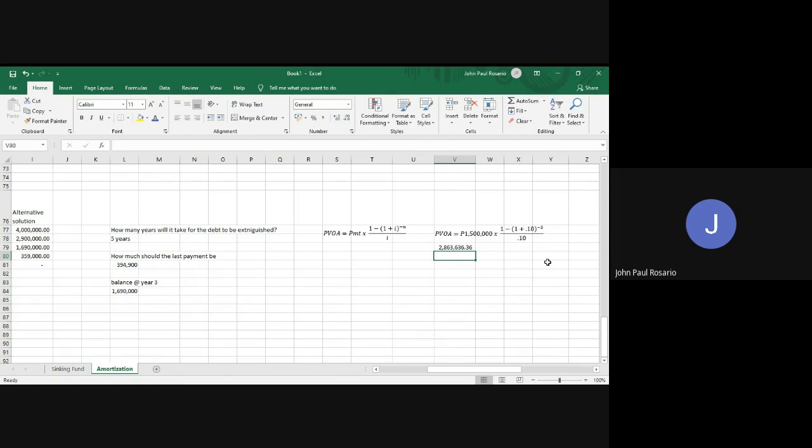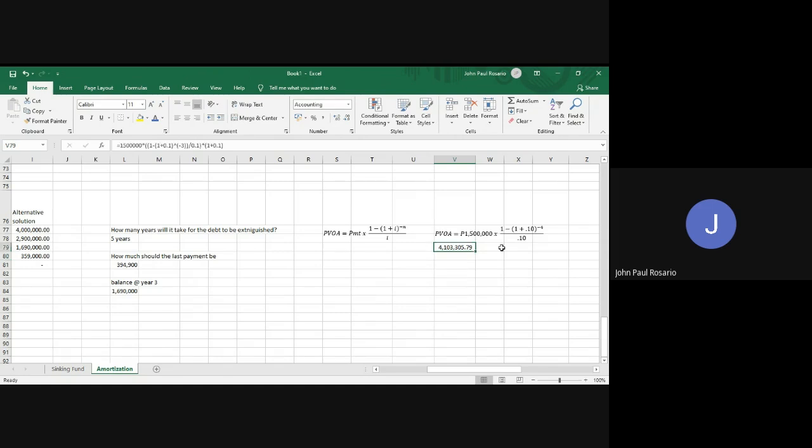Okay. So, kulang siya. So, meaning, I have to increase my number of years. So, let's go to 4. 4. So, meaning, ay, utang. Ay, wait lang. Negative 3. This one, negative 3.